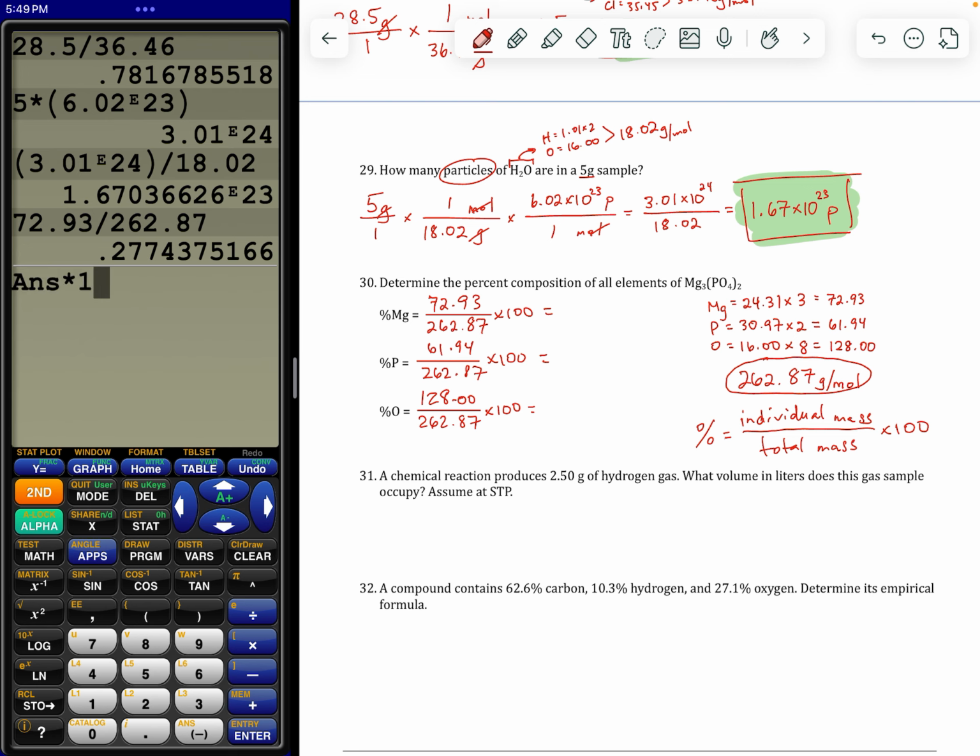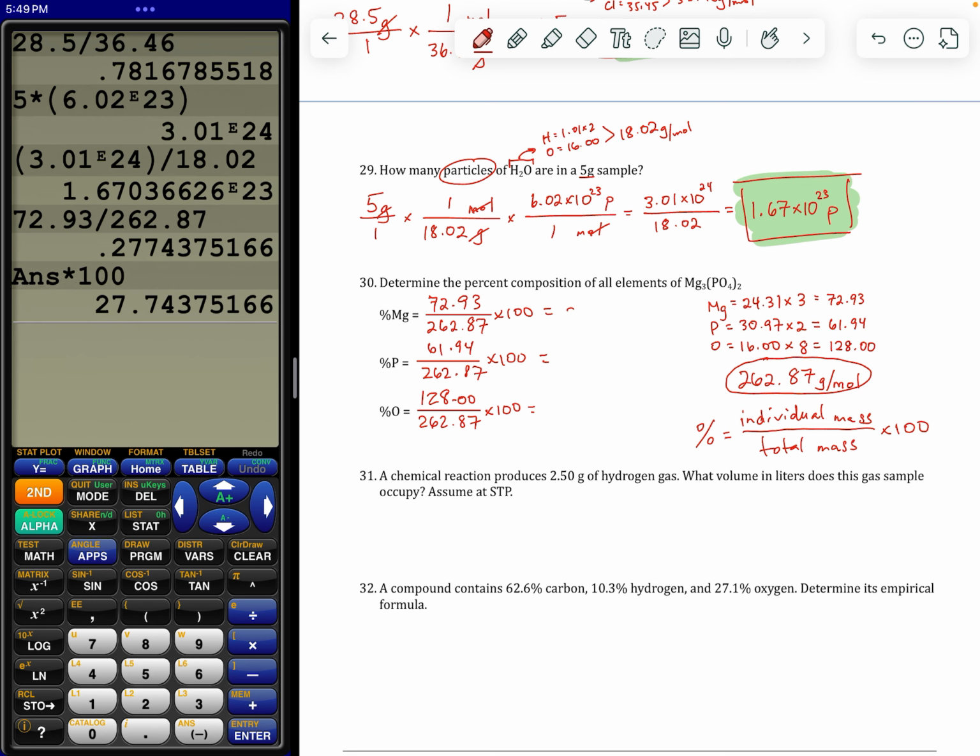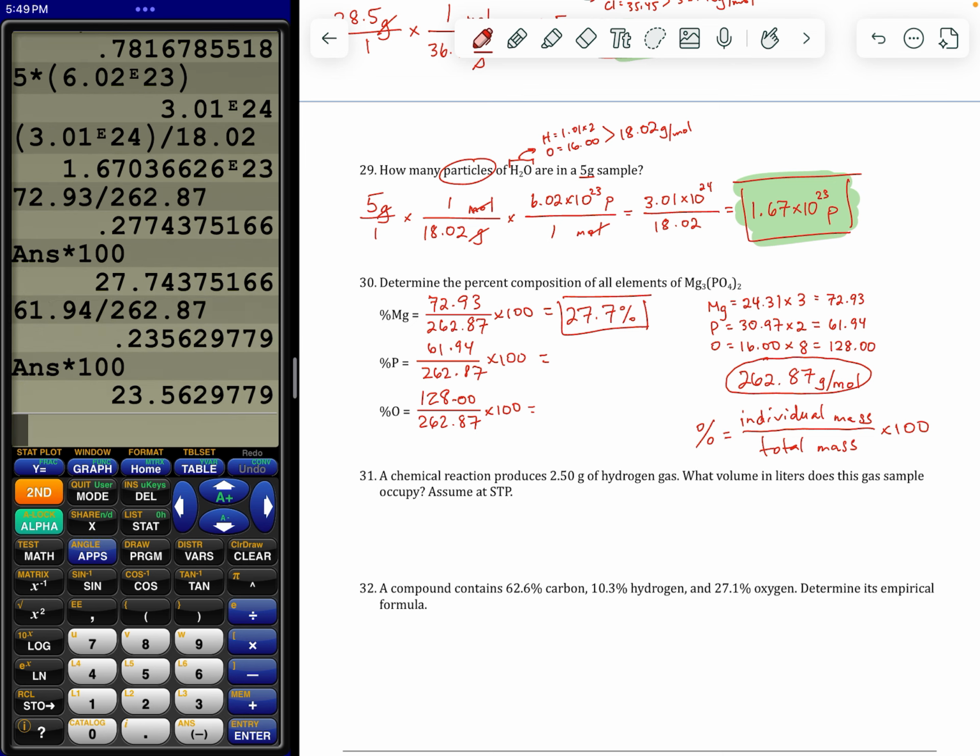All right, times 100, and we get about 27.7%. So that is how much just magnesium contributes. 61.94 divided by our 262.87 times 100, 23.6% there.